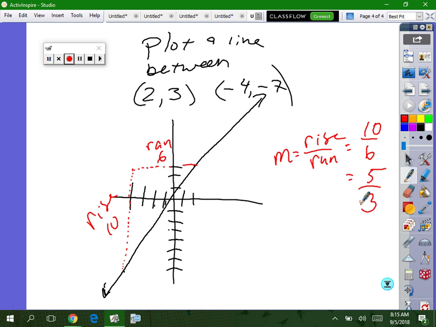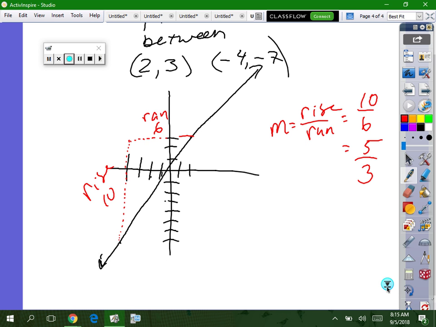Could I write an equation of a line? How do I do so, Miss Williams? Because I don't have my y-intercept. I have a slope, though. What else do I have? A point. What formula am I going to use? Point slope, oh my God. Okay, always between 2 points, can we always find a slope, right?